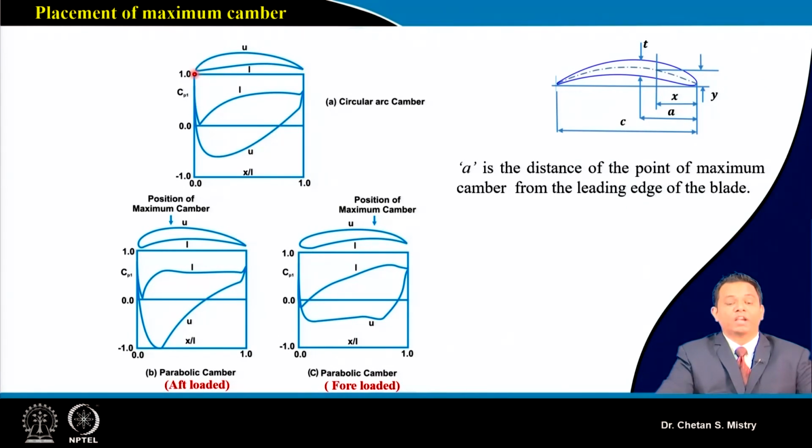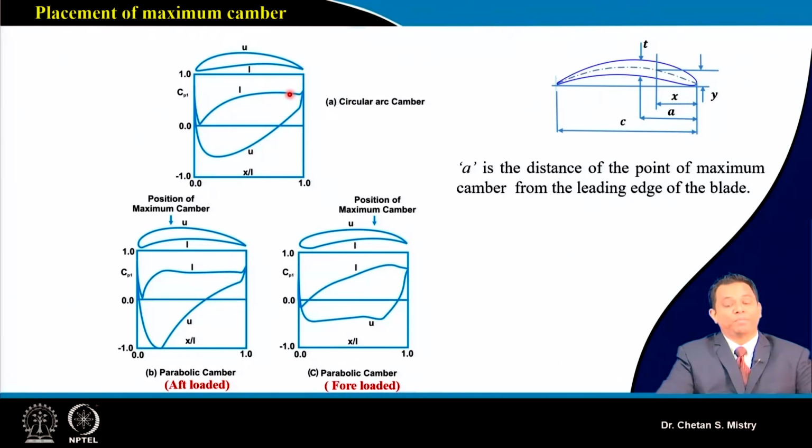For this kind of circular camber line, I will have a whole lot of acceleration on my upper surface, and then my flow gets decelerated. Similarly, on my lower surface, the pressure surface, I will have a little acceleration, and then the flow is decelerated.